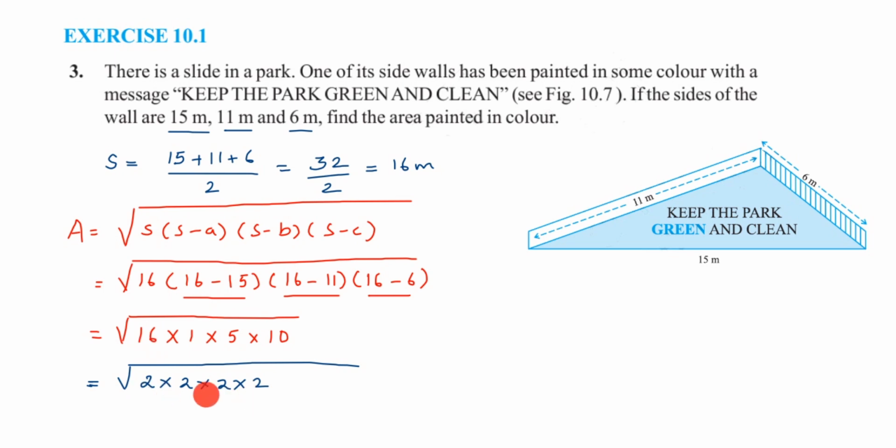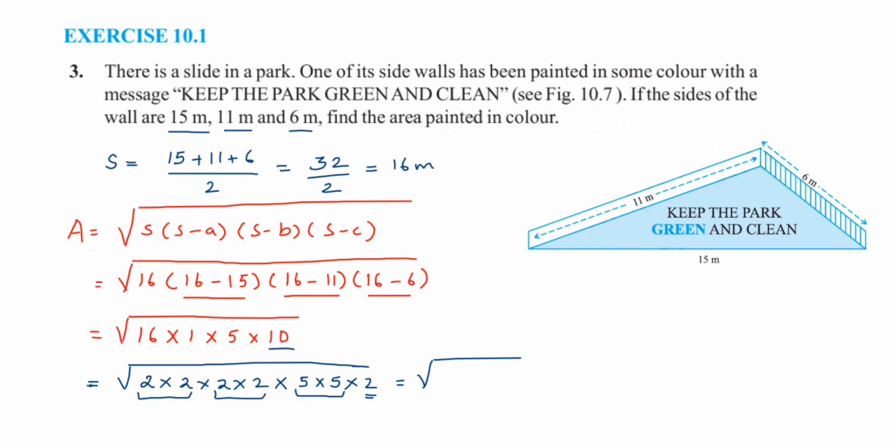I get here 4 2s. And then we have 1, you can ignore the 1. And then 5 is a prime number, we can't split it. So we'll write 5. And this 10, we can write it as 5 times 2. Now start pairing up under the square root. So this is one pair, this is one pair, and we have a pair of 5, and this 2 is left out.